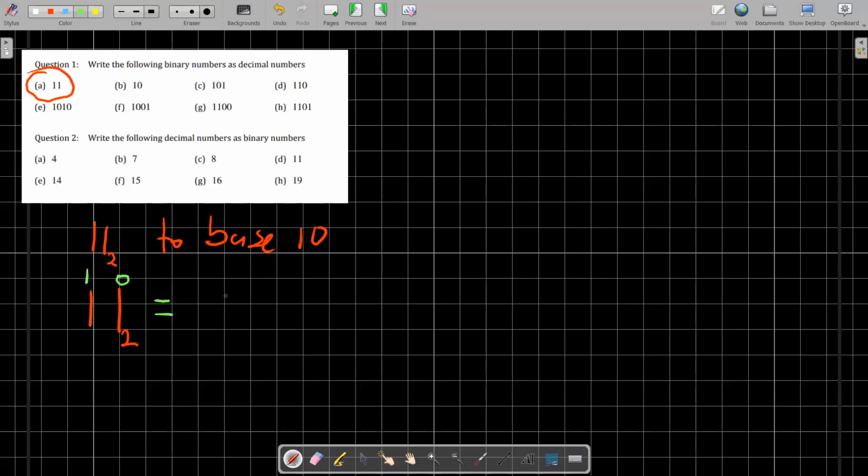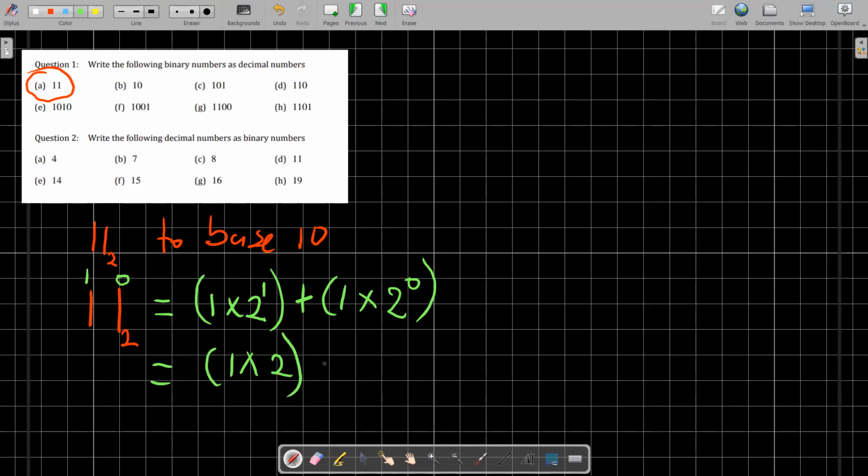So this will be 1 times 2 raised to the power of 1 plus 1 times 2 raised to the power of 0. One thing you must know is any number raised to the power of 0 is always equal to 1. So this is 1 times 2 plus 1 times 1.